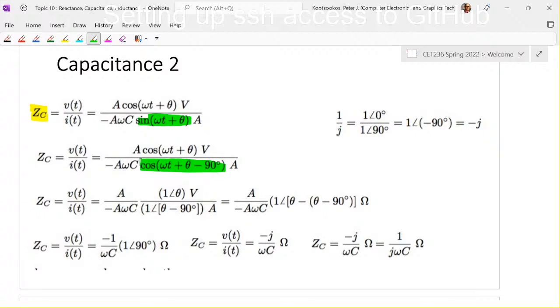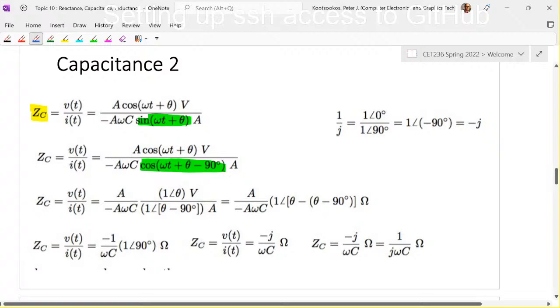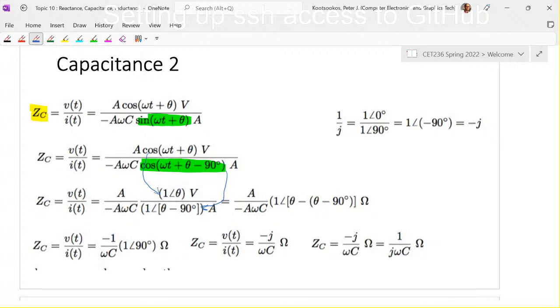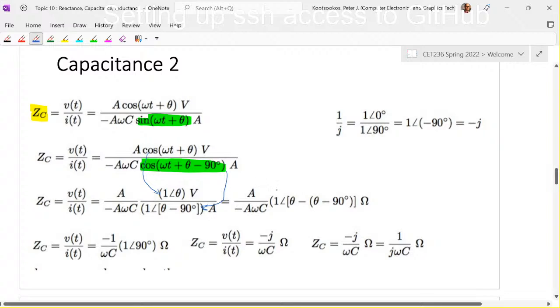And that lets me now do my notational shift. So this is nothing more than 1 angle theta minus 90 degrees. And this is the same as we had before, 1 angle theta. And then I can rewrite that as, well, eventually this is going to be 1 angle 90 degrees, right?